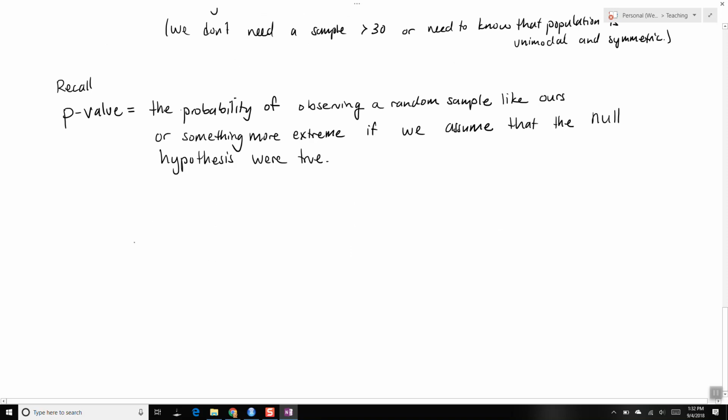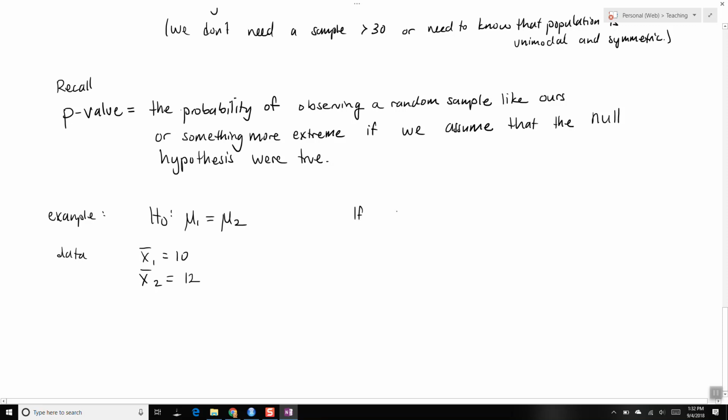Our example was maybe our null hypothesis is that mu1 is equal to mu2, and maybe our data ends up with x bar 1 equal to 10 and x bar 2 equal to 12.